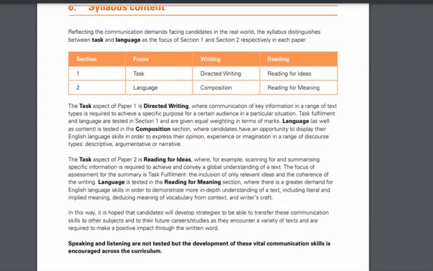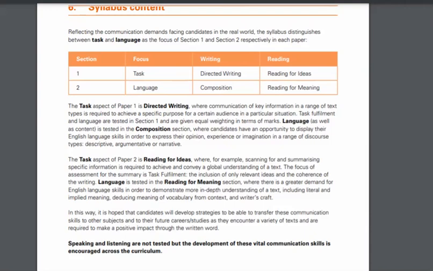Language is tested in the reading for meaning section, where there is a greater demand for English language skills in order to demonstrate more in-depth understanding of a text, including literal and implied meaning, deducing meaning of vocabulary from context, and writer's craft.